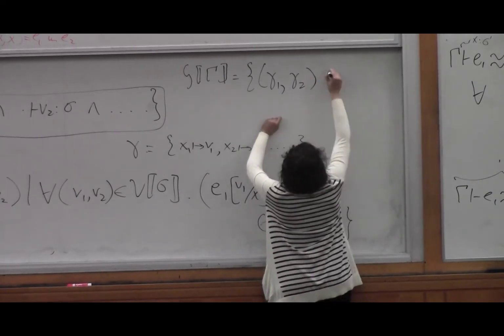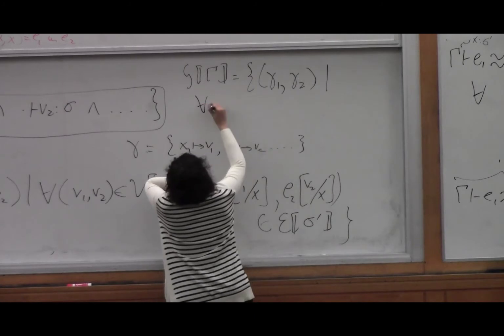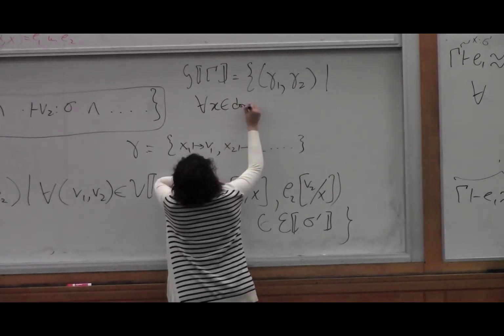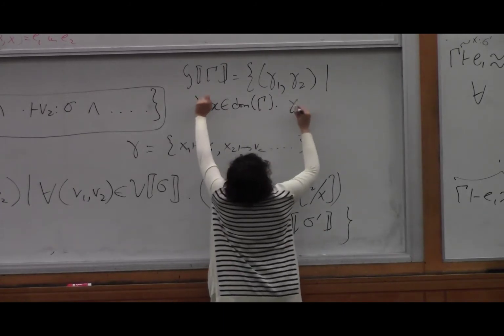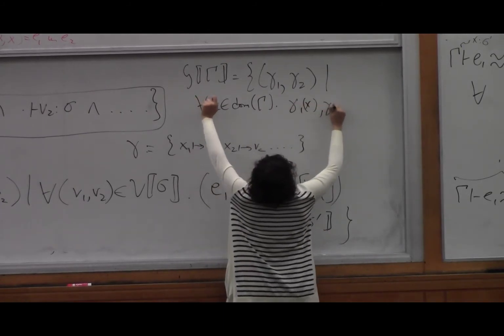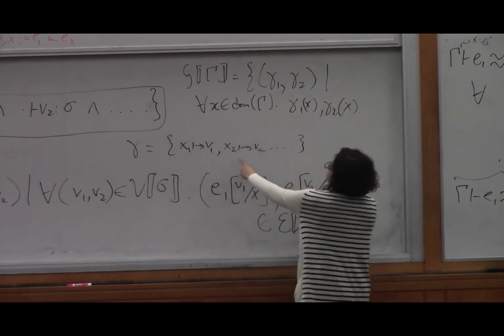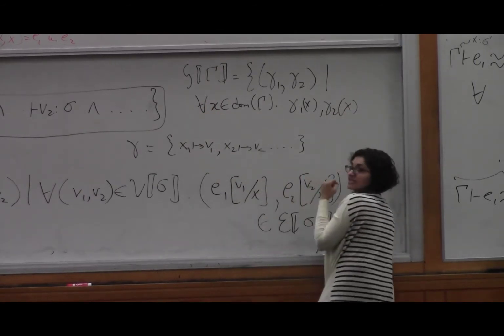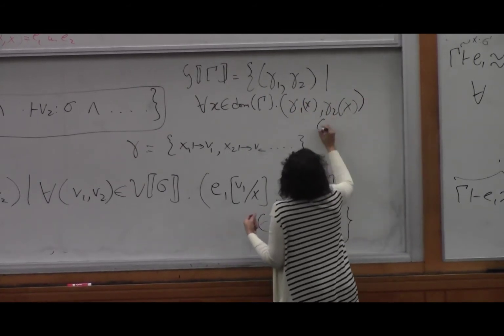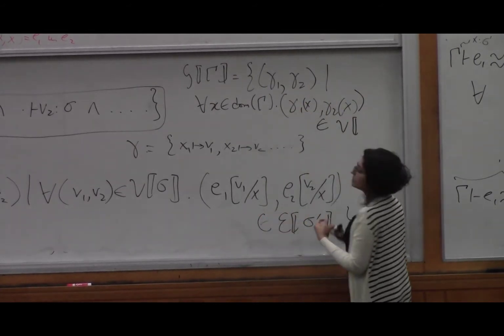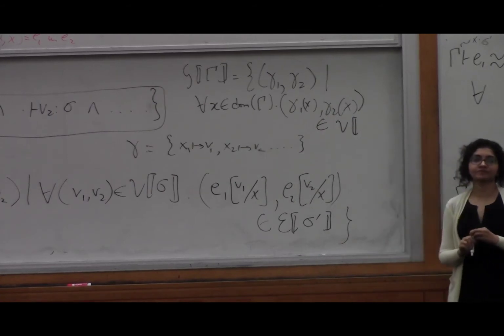Okay, so gamma 1 and gamma 2 are related substitutions if for all x in the domain of the environment, gamma 1 of x and gamma 2 of x, in other words, these values that we have sitting in each one of the environments, are related values at what type?